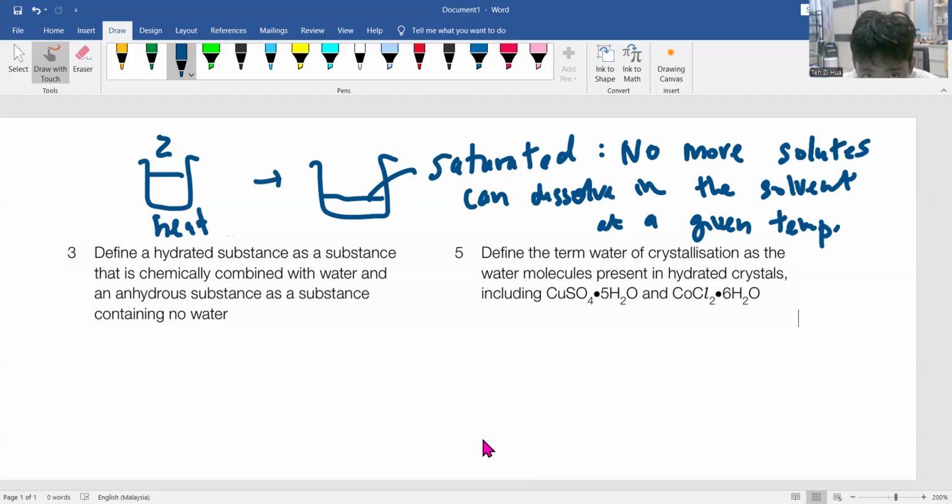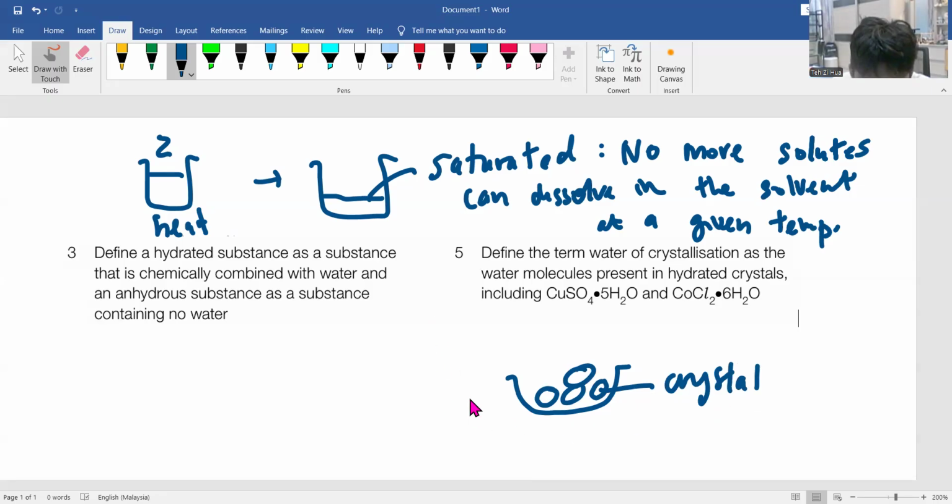All right. So when you heat it until it's saturated and then you let it cool, it forms crystals. If you heat it until dryness, then it will form powder. When it's crystals, we call it hydrated salts, because it has water molecules chemically bonded to it.